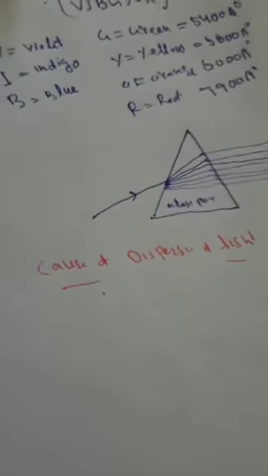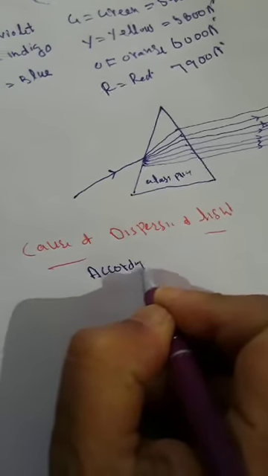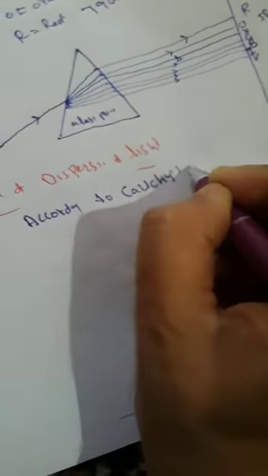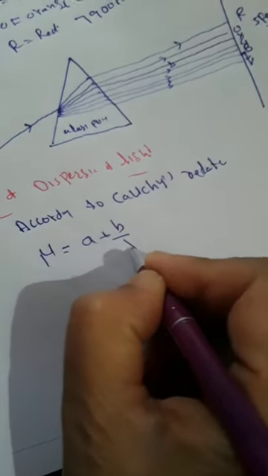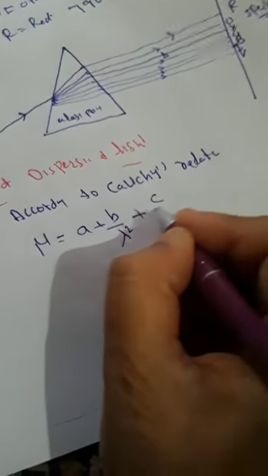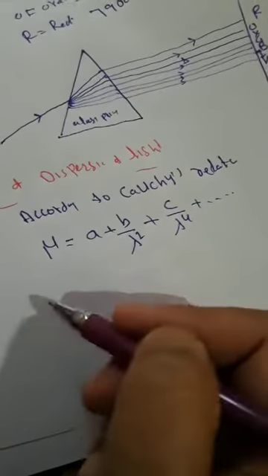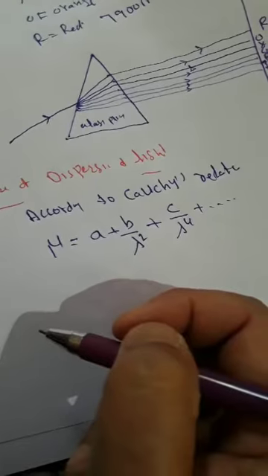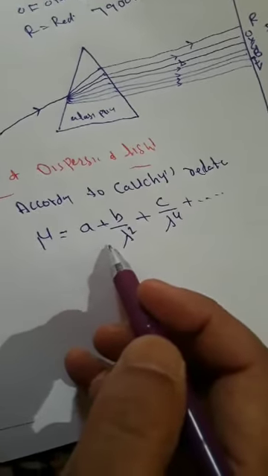According to Cauchy's relation, refractive index is equal to A plus B by lambda square plus C by lambda raised to the power 4 and so on, where A, B and C are constants. This relation shows that the refractive index of the material depends on the wavelength of the light incident on it.